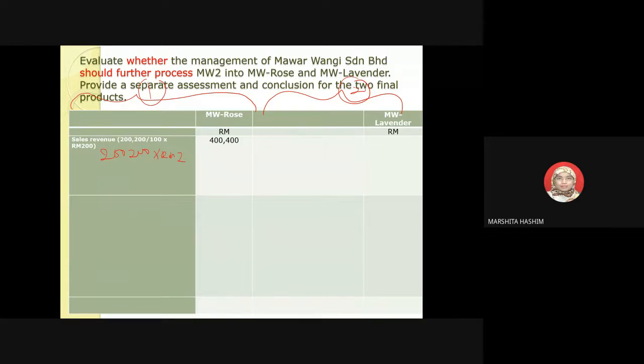Okay, then you will get this figure. Alright, and then you calculate for lavender. Lavender 300,000 output of 300 ml. You multiply by how much? RM2.50 per ml, or RM250 per 100 ml.